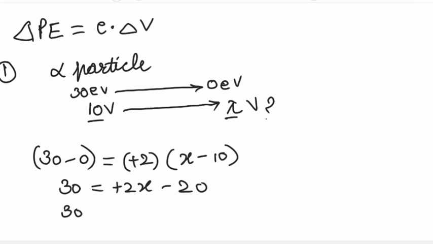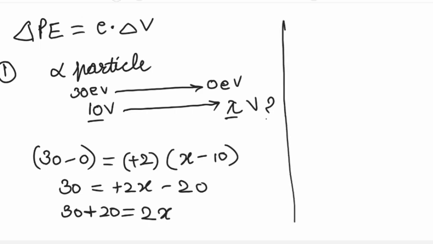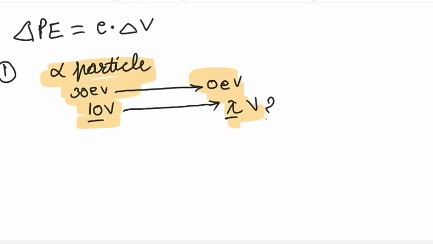So 30 plus 20 equals 2x. So it will be 50 equals 2x, and x will be equal to 25.